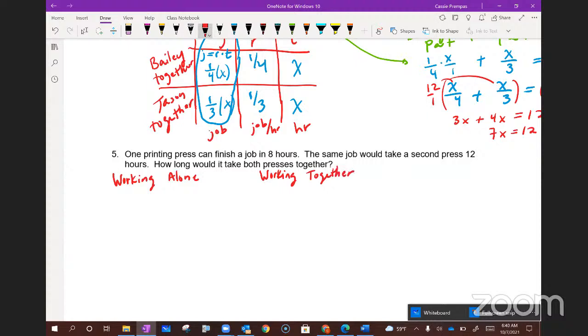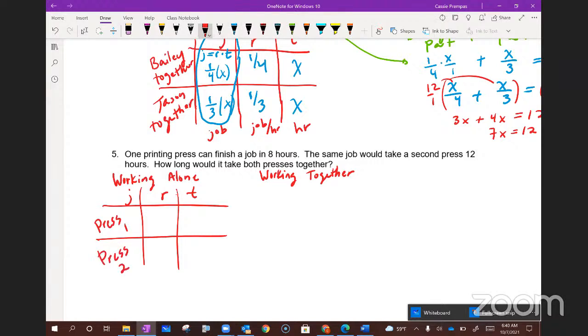Okay, let's start with working alone. I know that job equals rate times time. And let's call it press 1 and press 2. And it says one printing press, we'll call that press 1, can finish a job in 8 hours. So, I should probably distinguish this here more.